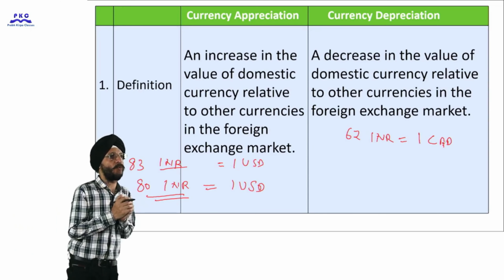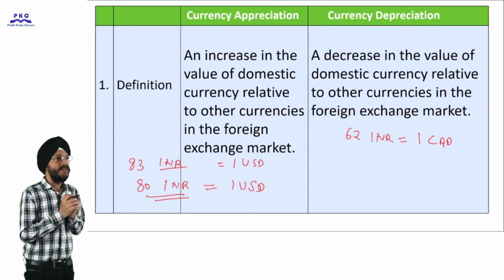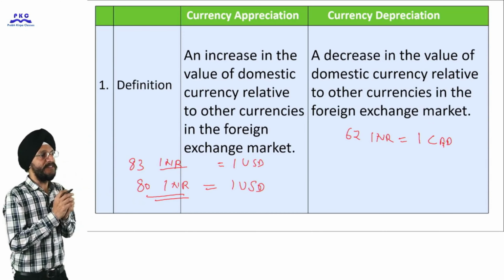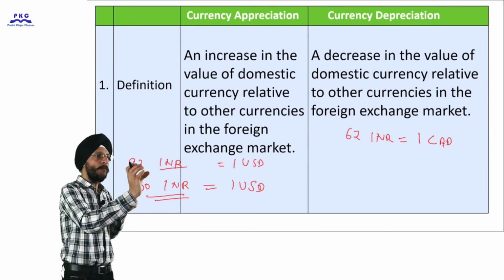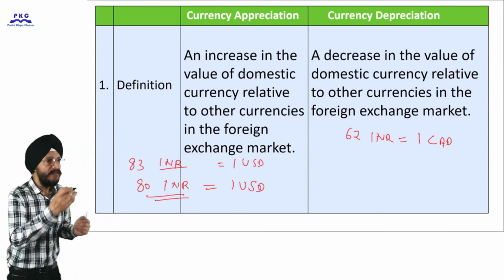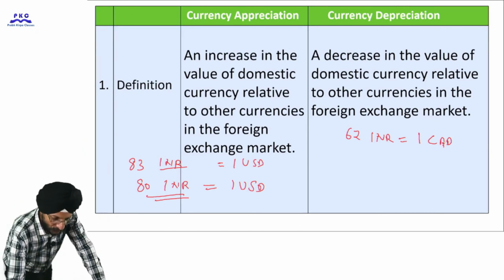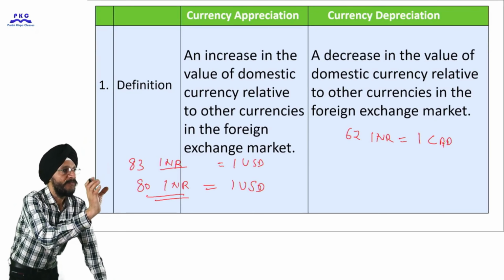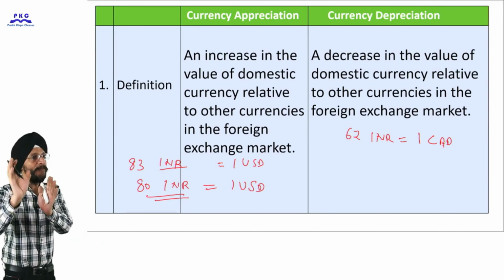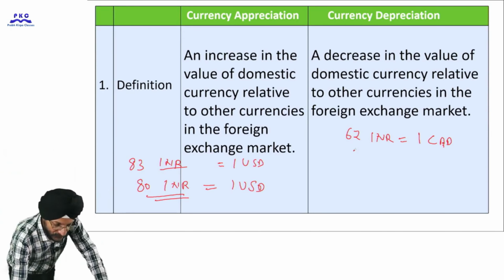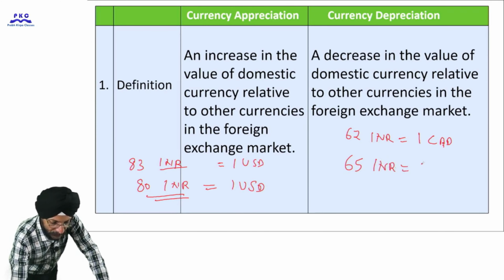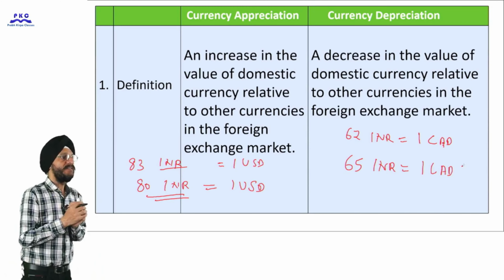Suppose there is currency depreciation, that is the value of our Indian rupee depreciates, then, taking a simple example, we will have to pay more to get the same unit of Canadian dollar. Suppose we have to pay 65 Indian rupee to get the same amount of other currency.